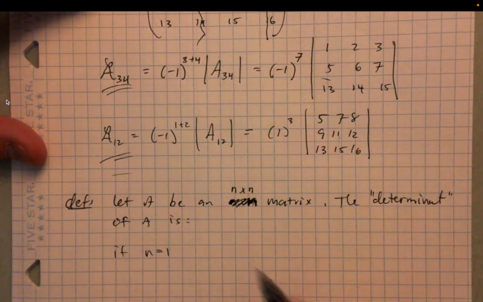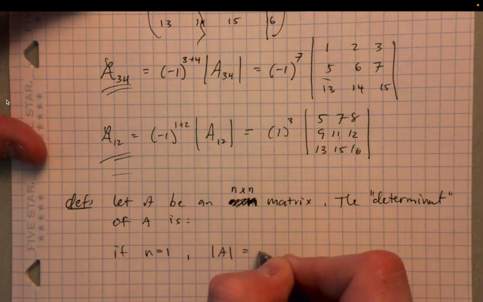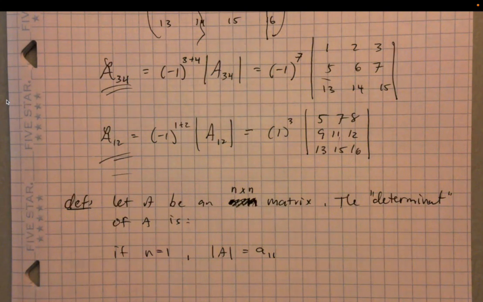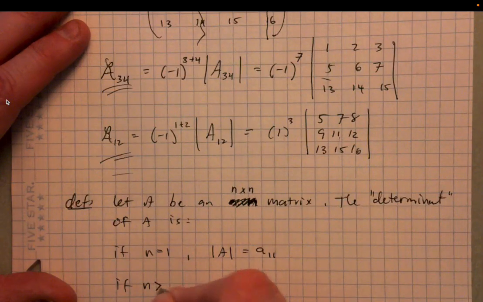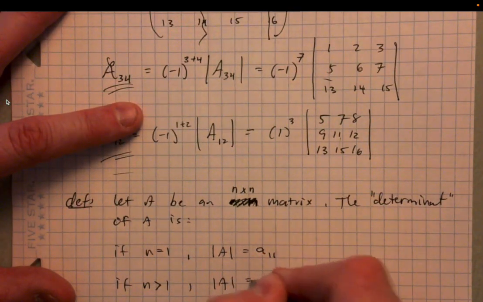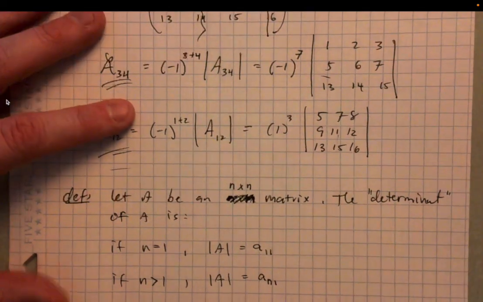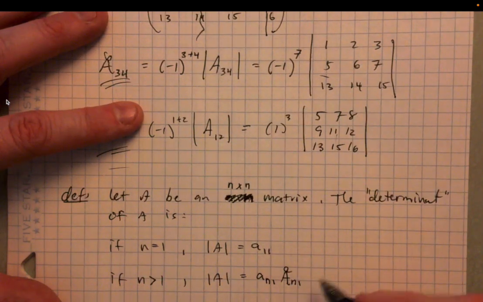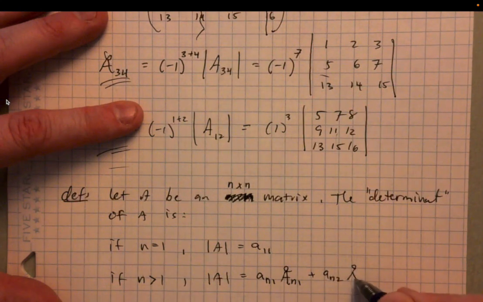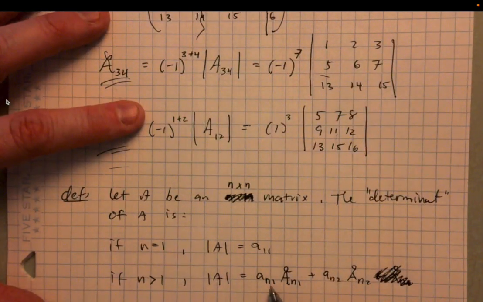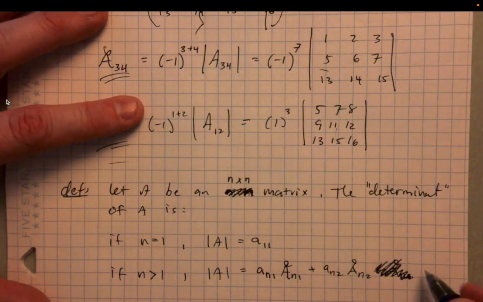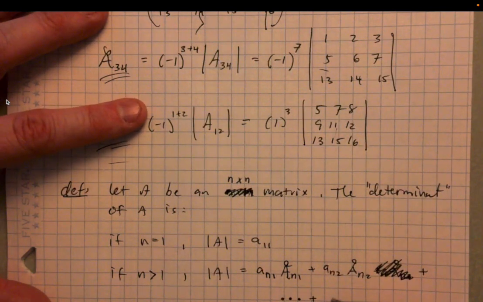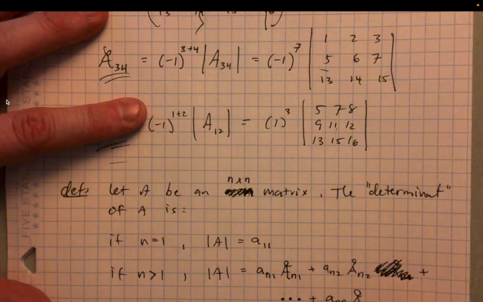If n is equal to 1, then the determinant of A is just equal to the lone entry of A. If n is greater than 1, then the determinant of A is equal to, and there are different ways to write it, I'm going to start by writing it this way: an1 times the n1 cofactor plus an2 times the n2 cofactor plus, dot dot dot, and finally ann times the ann cofactor.